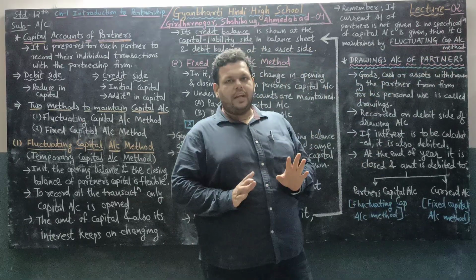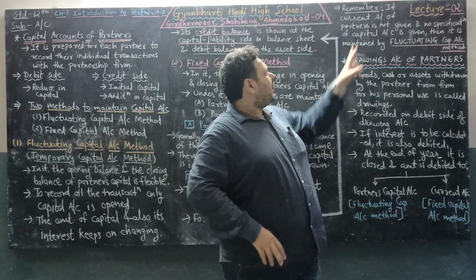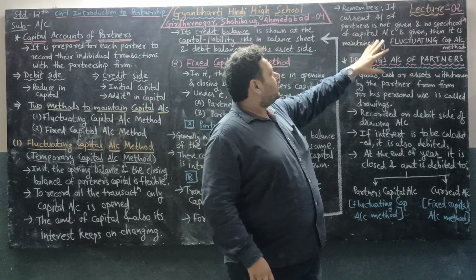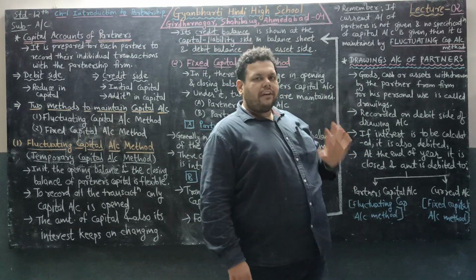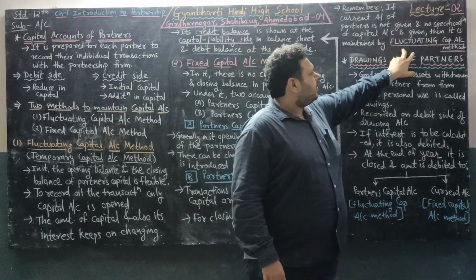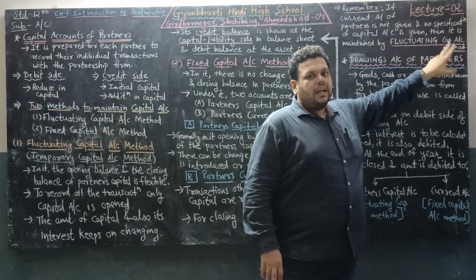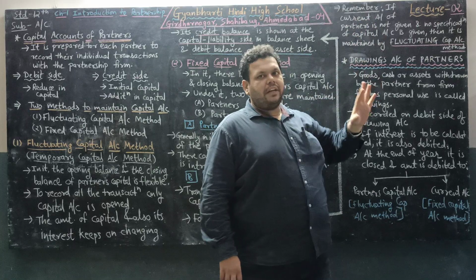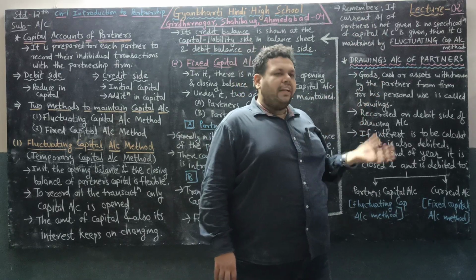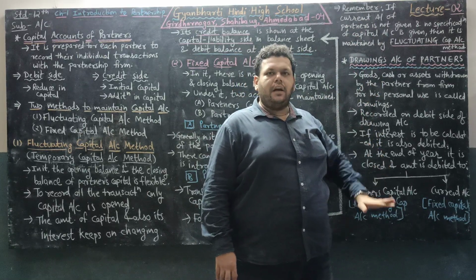So in sums, when there is no specification of current account or it is not given to solve the sum by a particular method, generally you will have to solve the sum by the fluctuating capital account method. Just remember, if the partner's current account amount is given, then you will be solving the sum by the fixed capital method.